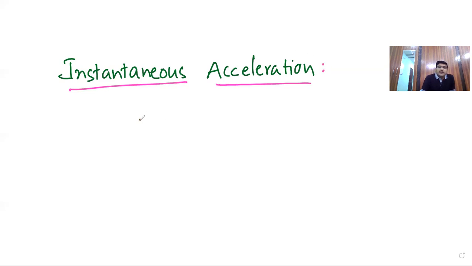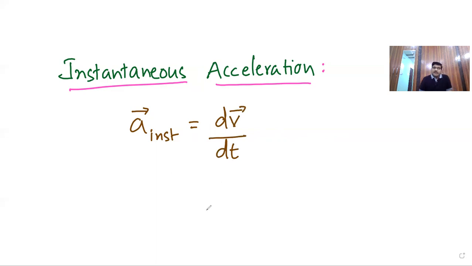Then A bar instantaneous is simply defined as dv bar by dt, where dt stands for a very small time change, and dv a very small change in the velocity.